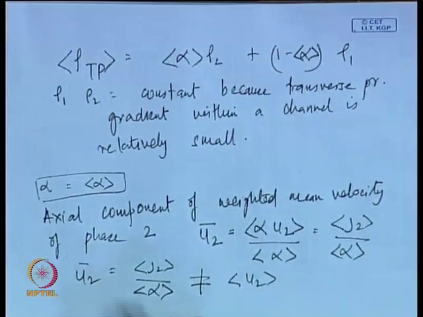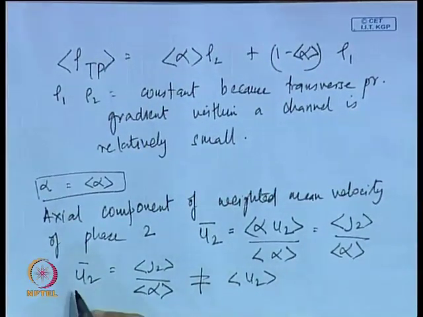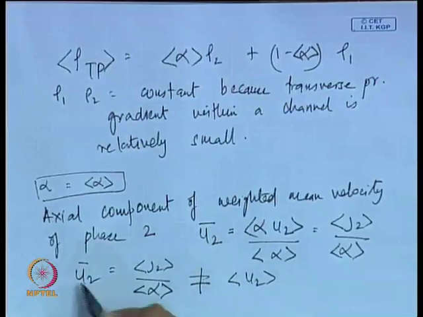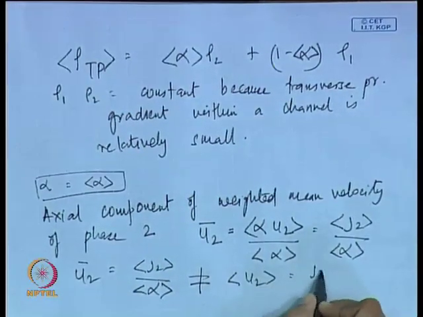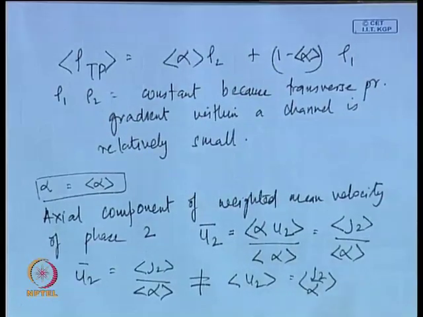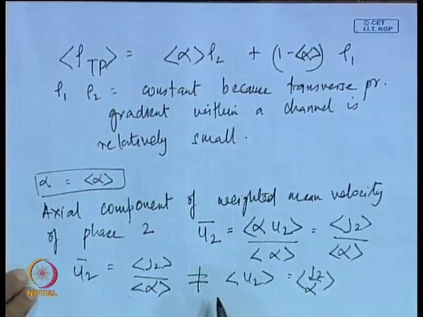This is the weighted mean, the void fraction weighted mean velocity, and this is the cross sectional average velocity. These two are not equal. Why? This is equal to the cross sectional average of J2 divided by the cross sectional average of alpha, whereas this means J2 by alpha over which the cross section is taken. Are these concepts clear to you? Please try to understand these concepts, they are extremely important.